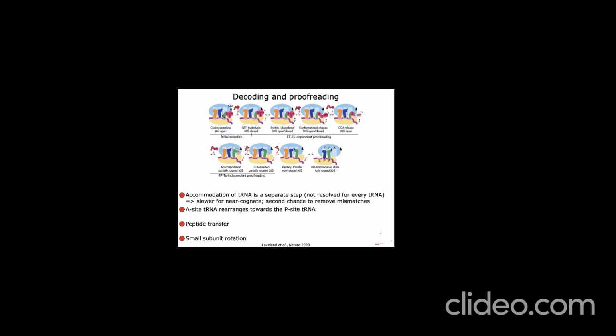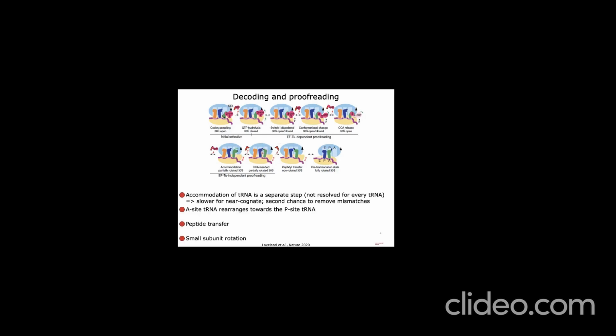And this is again a reaction step that can go pretty much both ways. It's a slow reaction, and again this gives another chance to remove the wrong or non-functional tRNAs because they would be slower if they are not near cognate.